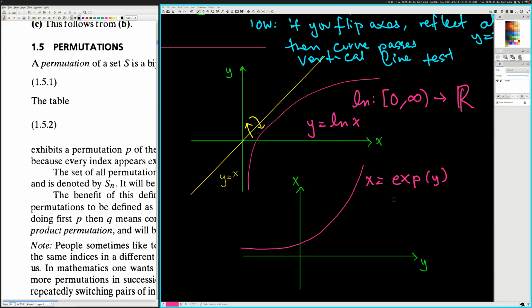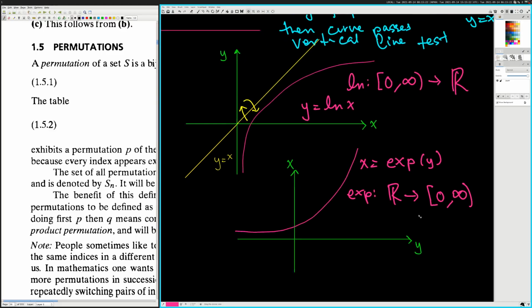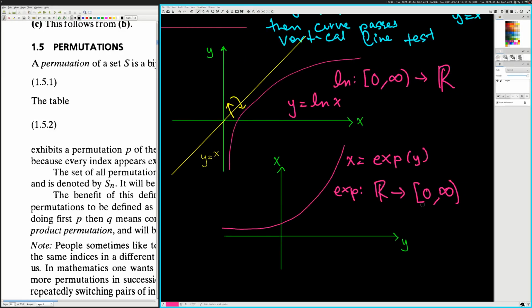What was I going to say? Okay, so my point is now this is a function exp from the reals to [0, infinity). Okay. Oh, I hope you've seen this notation before. This is standard notation.